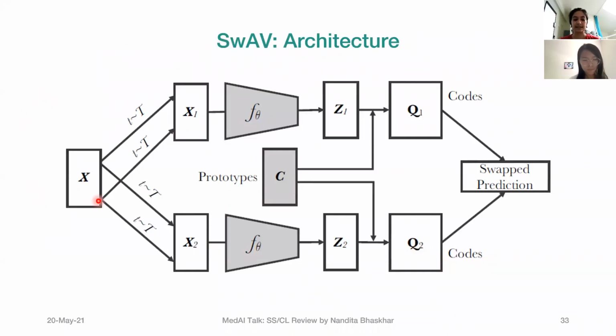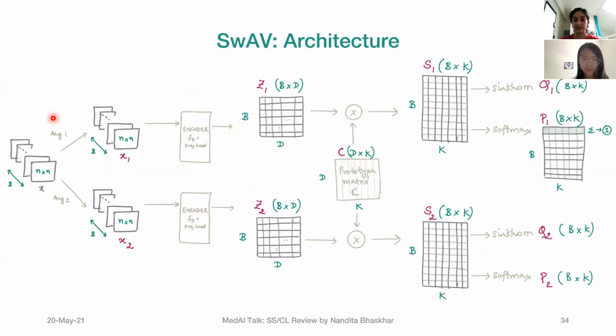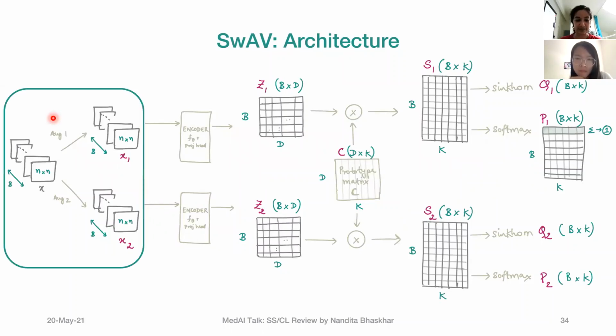The first part is pretty similar to what we've seen before. You have a bunch of images, you take multiple views, pass them to the same encoder, and then this part gets a little more tricky. So let me explain this in a little detail. Please feel free to ask questions, because this is a dense slide that I'll be walking over.